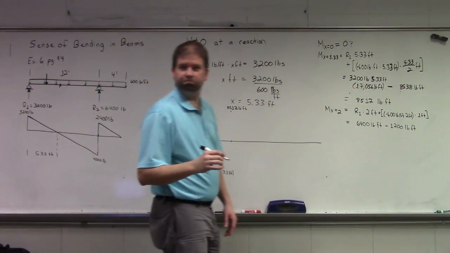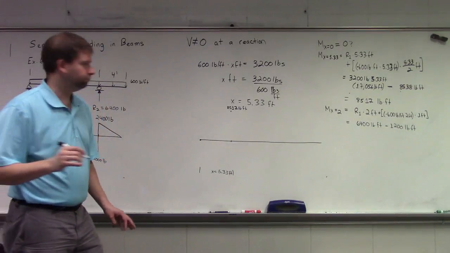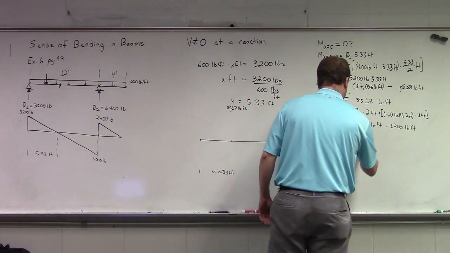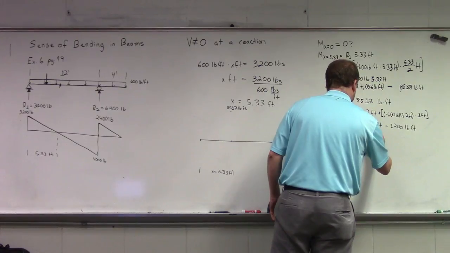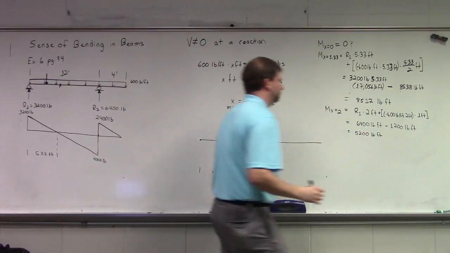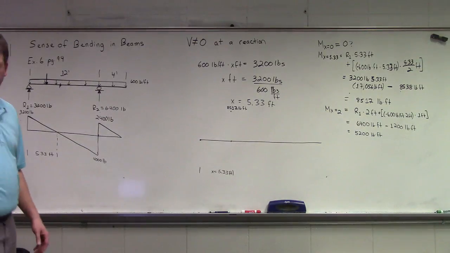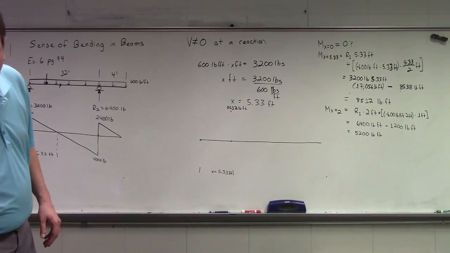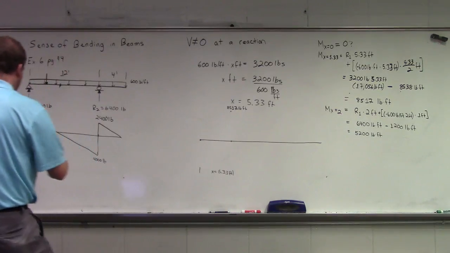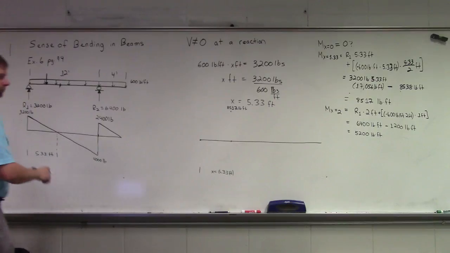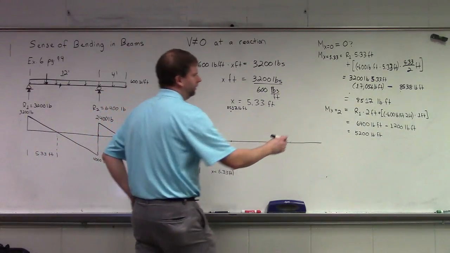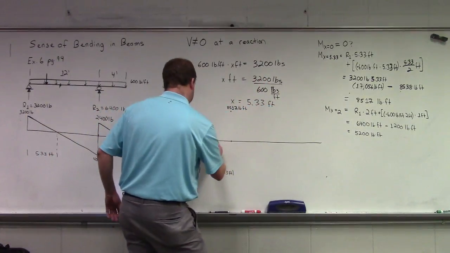So it would be 5,200 pound-feet at 1 foot from R1. Or sorry, I'm sorry, 2 feet from R1.